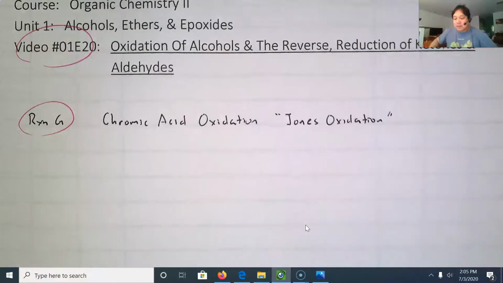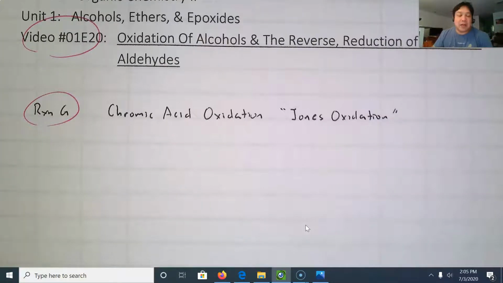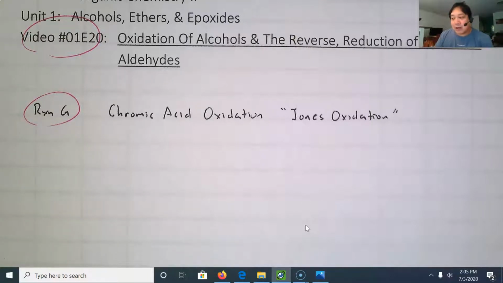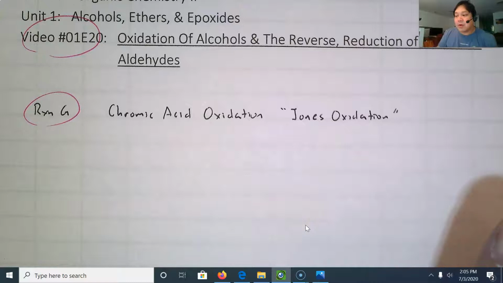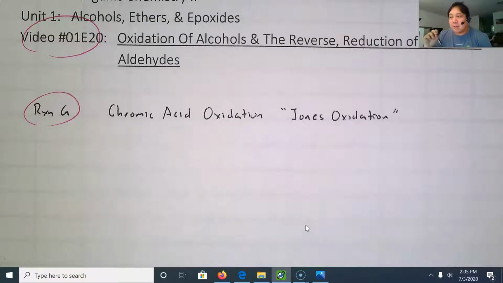In general chemistry, you learn oxidation as lose electrons, you're oxidized, gained electrons, you're reduced. It's the same idea here in organic chemistry, but we're going to go by looking at the bonds and what bonds are being made or formed.